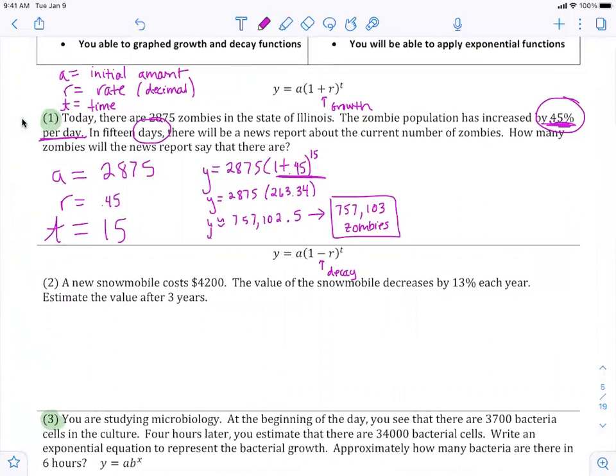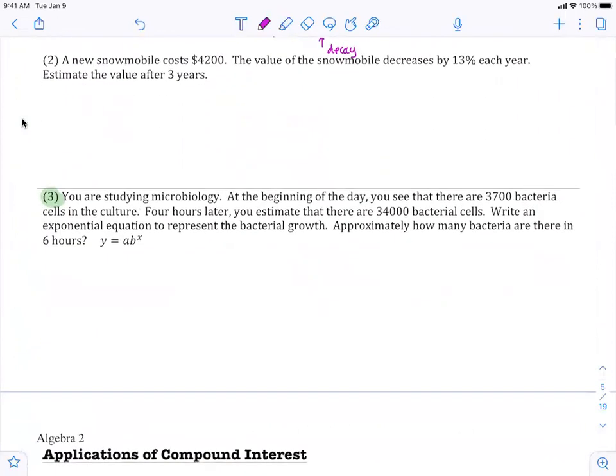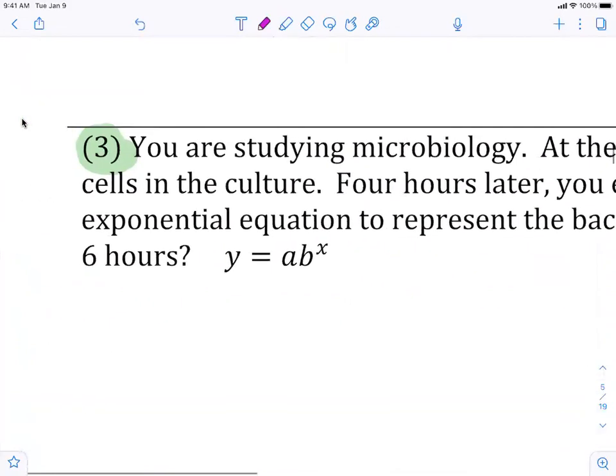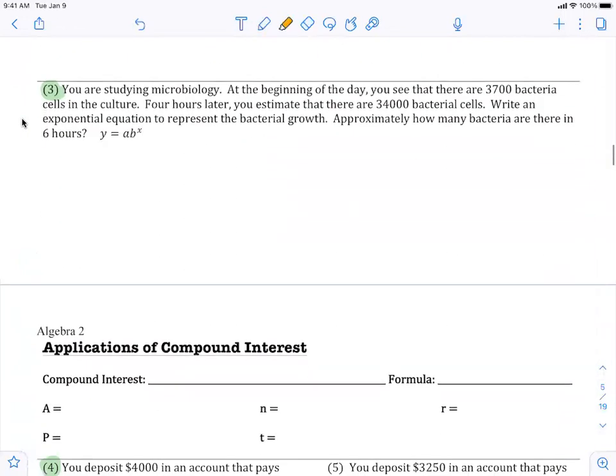So exponential equations have a lot of different types of problems, but again, they all might have some different formulas. Like we're going to look at example 3. This one has a slightly different formula, but again, the variable is in the exponent. That's what makes this an exponential equation.